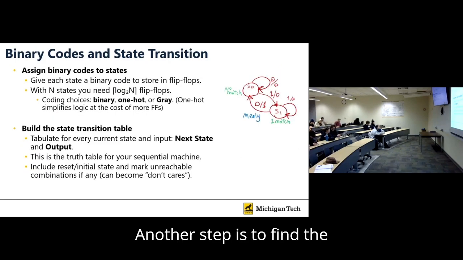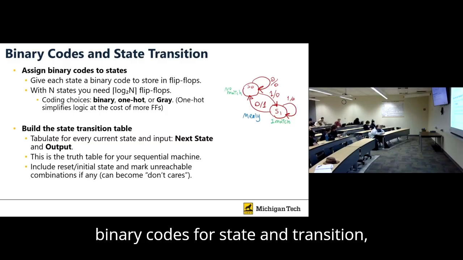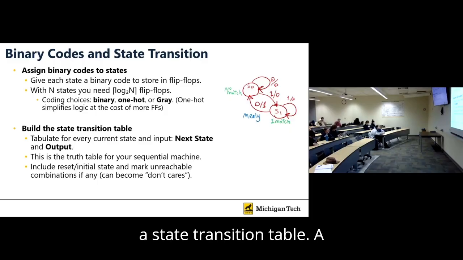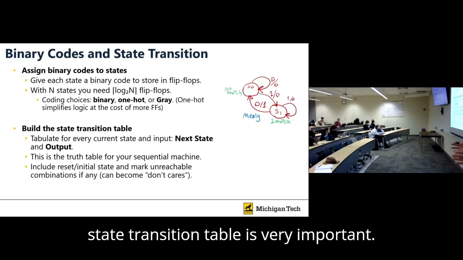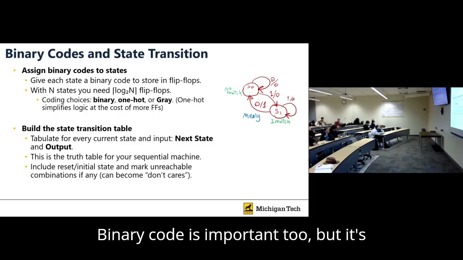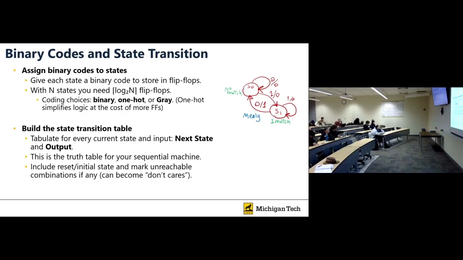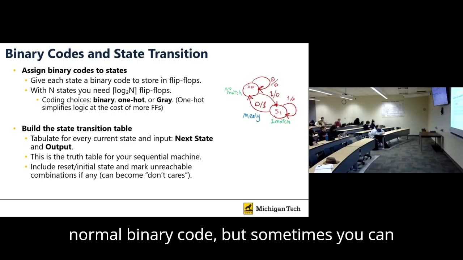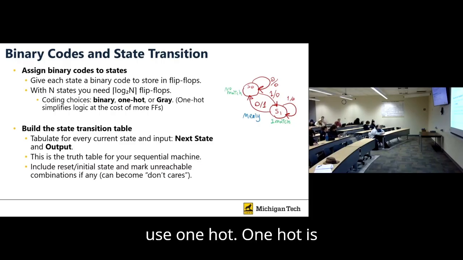Another step is to find the binary codes for state and transition, a state transition table. A state transition table is very important. Binary code is important too, but it's easy. You can just use normal binary code, but sometimes you can use one hot.